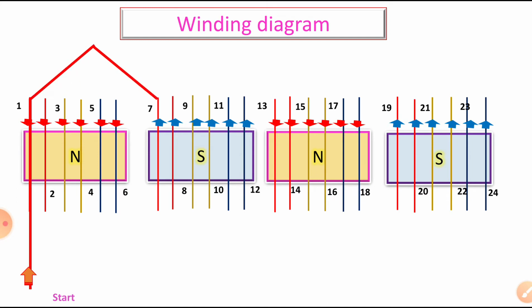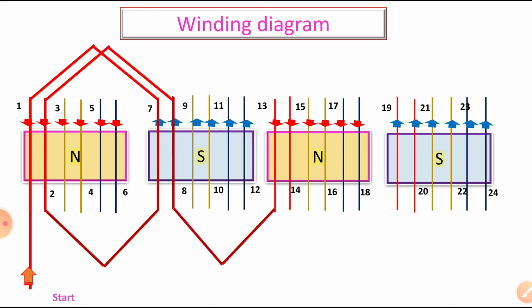R phase is connected here under the north pole, first slot. At a pole pitch, it is connected by the back pitch to the 7th slot. Next it is connected by the front pitch, 7 minus 5, to the second slot, second conductor, and it is connected to the 9th once again, and 9 is connected here.